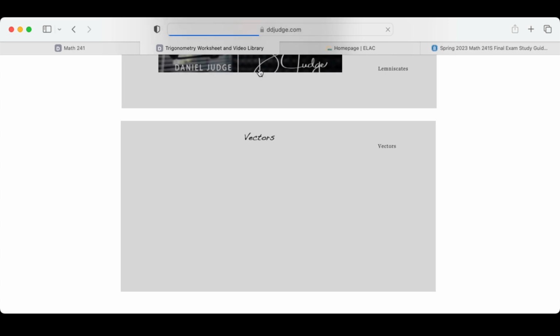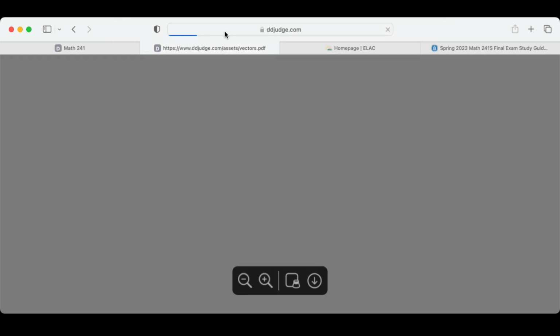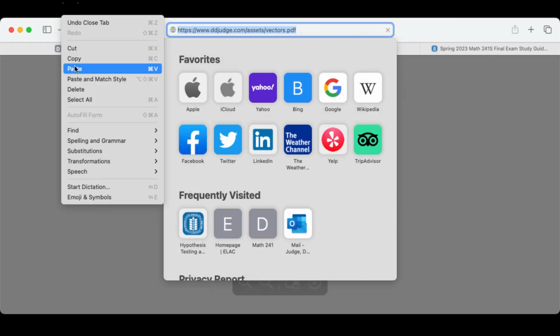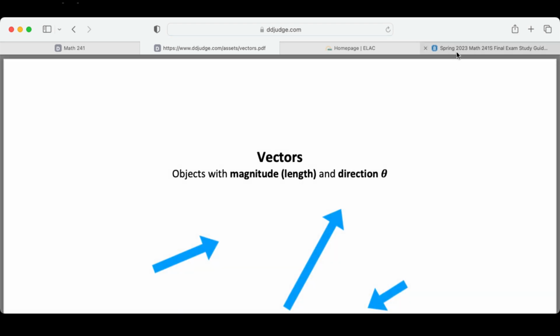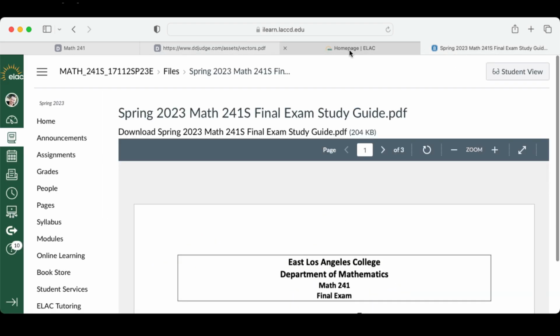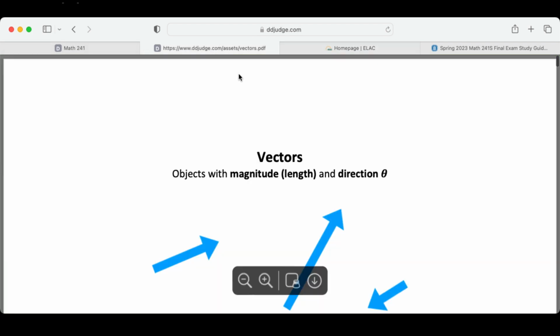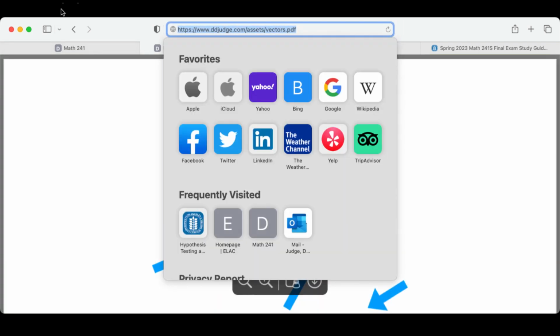There's your vectors. Come on, internet. The wireless in the basement is a little problematic. There is the worksheet.